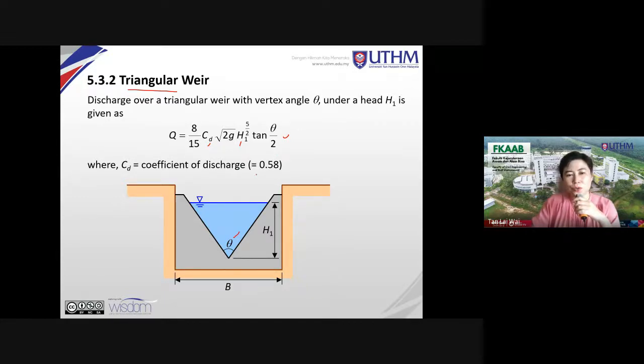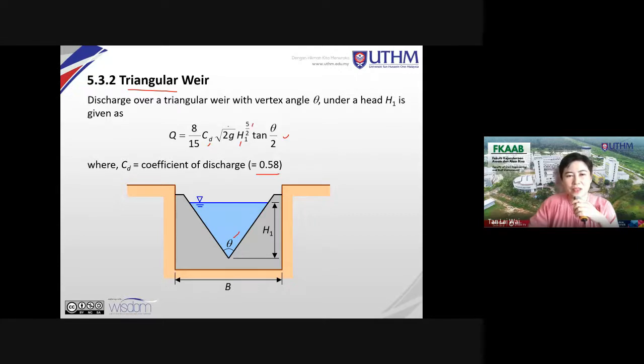Don't worry about this. Sometimes we'll provide the discharge coefficient, not necessarily exactly 0.58. This is just one case. When you do research later, with different conditions, you'll get different coefficients of discharge. This is for a certain condition which is not stated here.